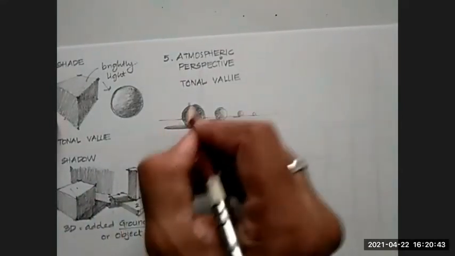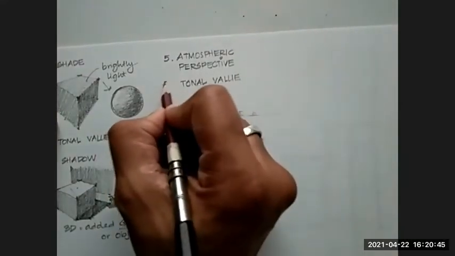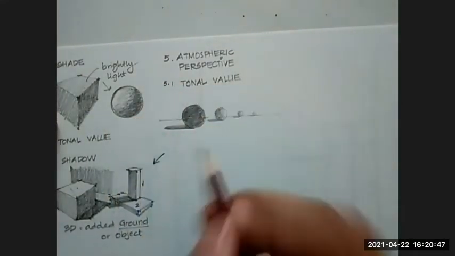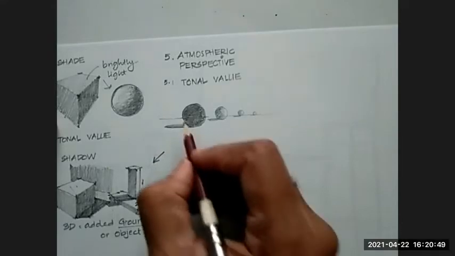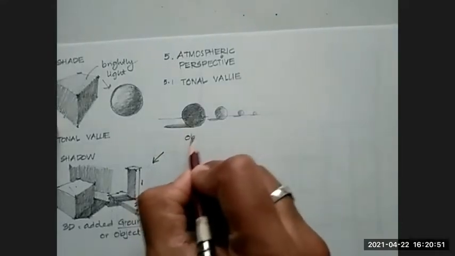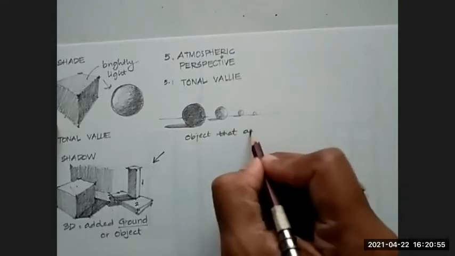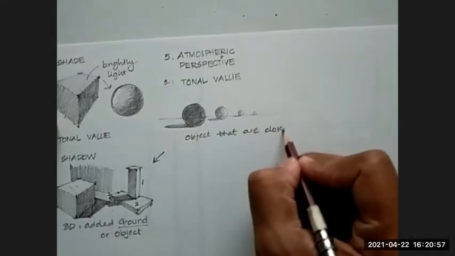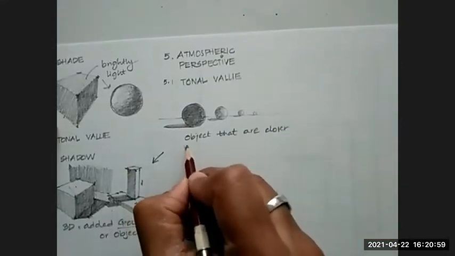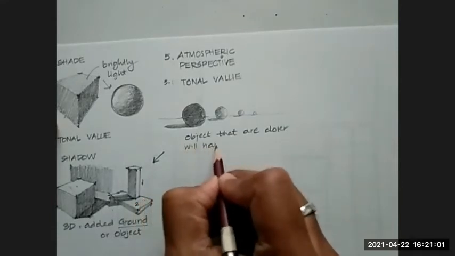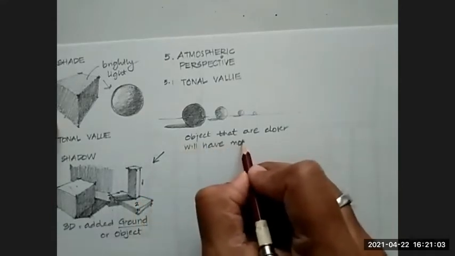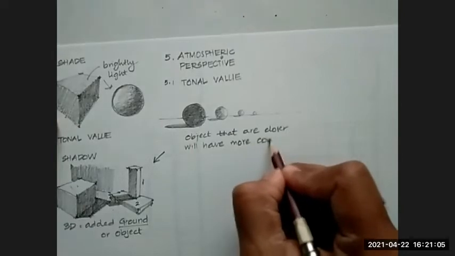Okay. So you must understand that the 5.1 is the tonal value, which means that the objects that are closer to you will have more contrast. Okay, more contrast.